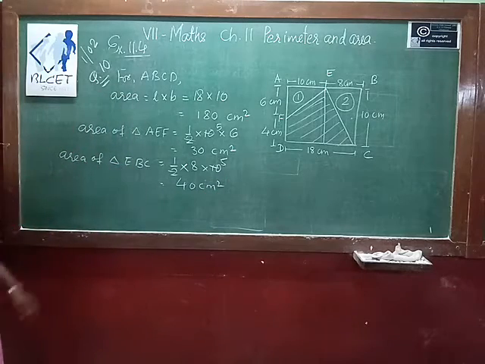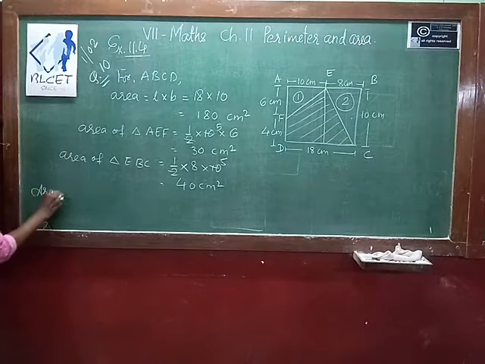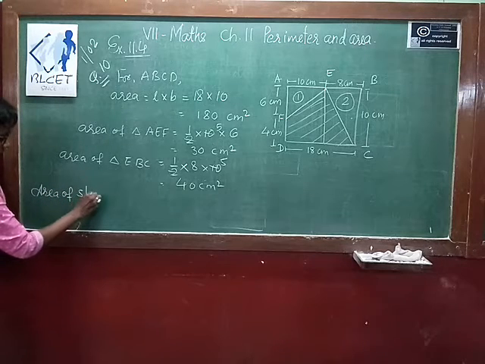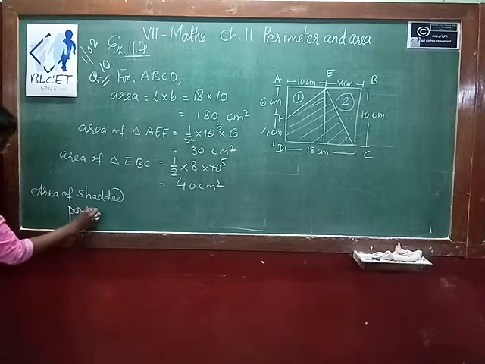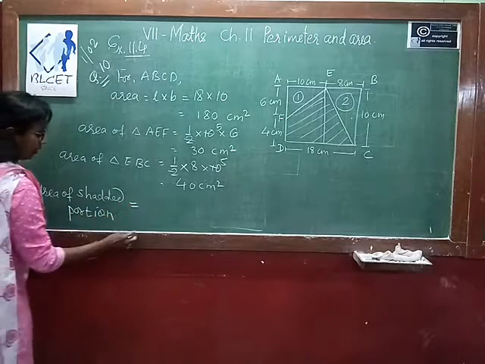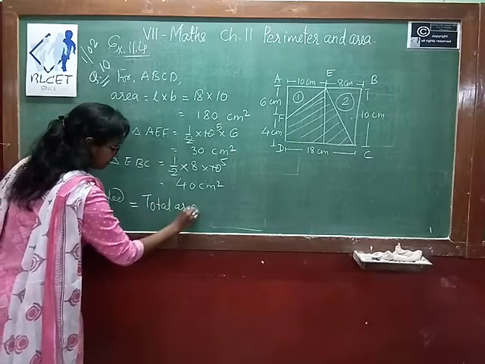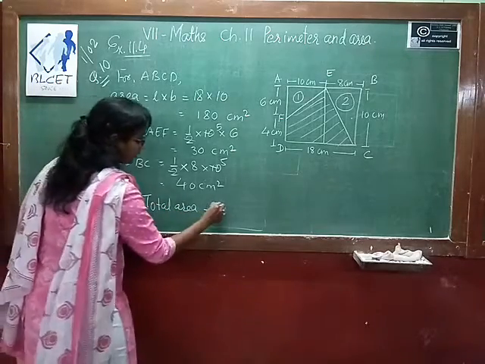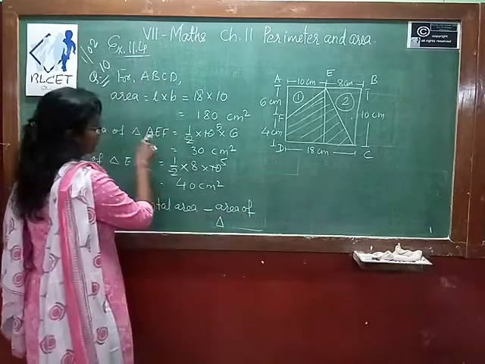So now area of shaded portion is equal to what? Area of shaded portion is equal to total area minus area of triangle, which triangle?